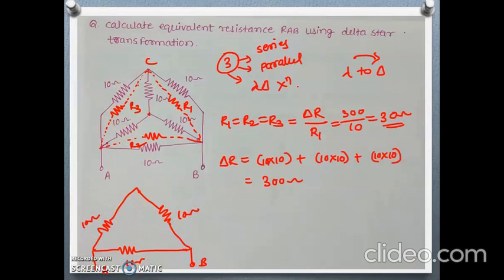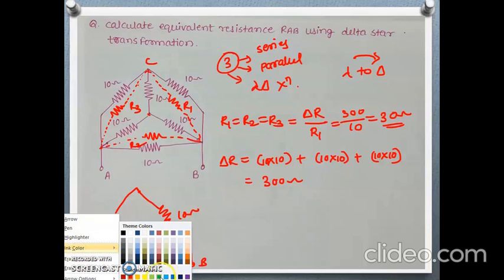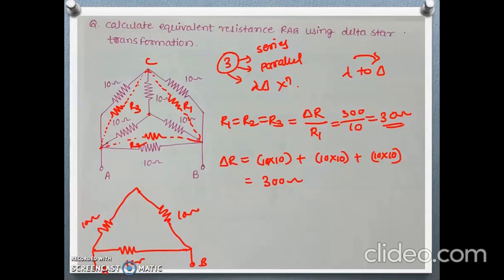Okay. So this will be the inner delta having values of 30 ohm each, 30 ohm, 30 ohm, and this is the C point.